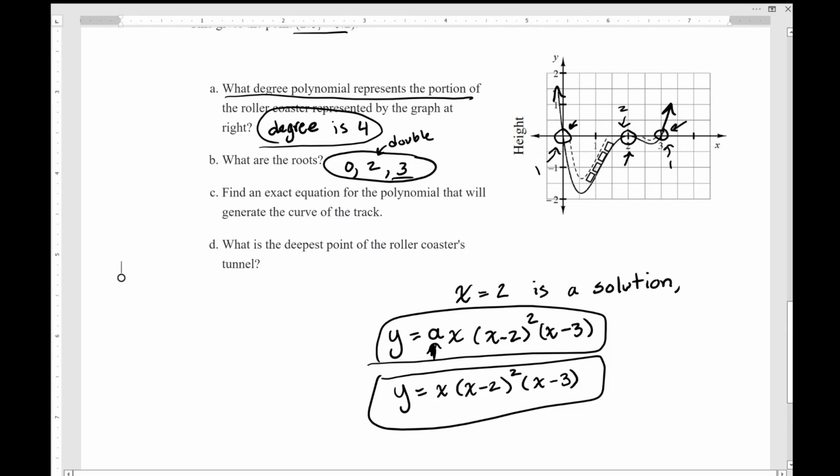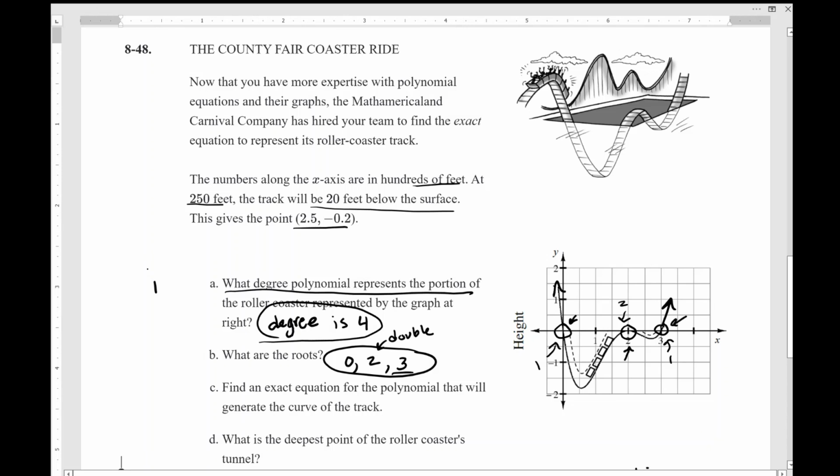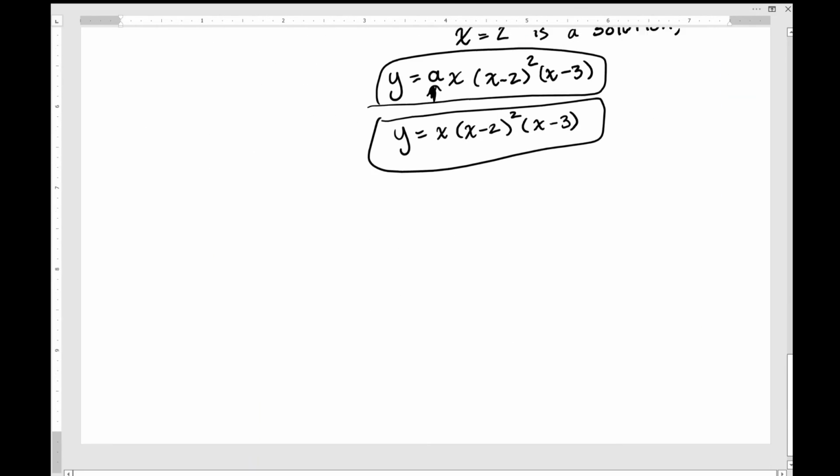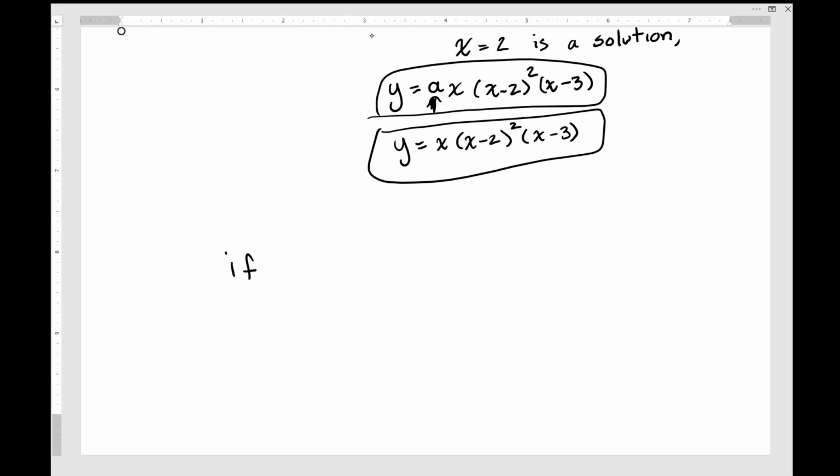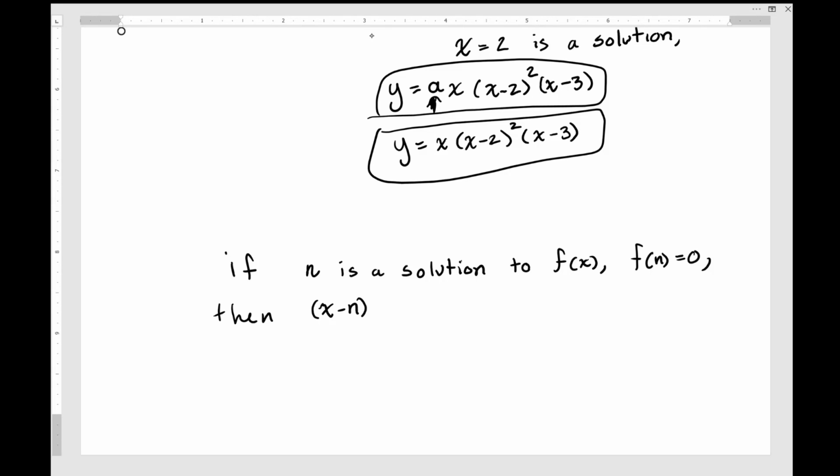Just remember that if n is a solution to f of x, meaning f of n equals 0, then x minus n is a factor.